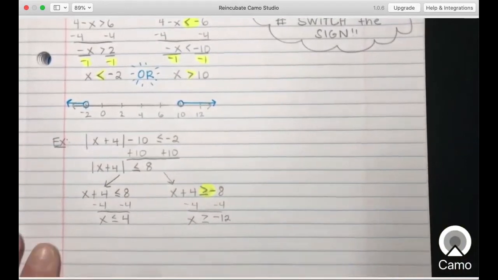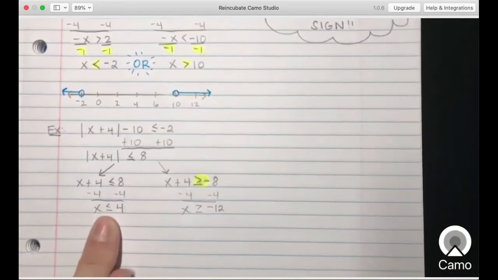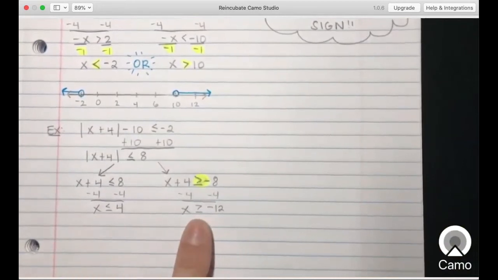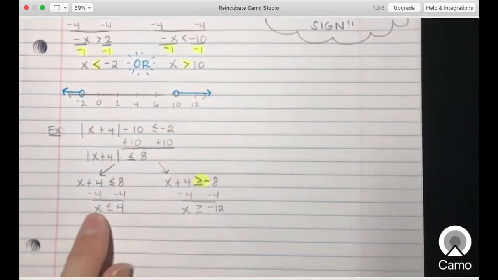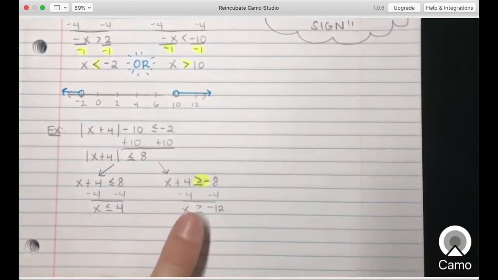So now let's think about this. We have a number that's less than 4 and a number that's greater than -12. If you think for a moment about what could be in that range, less than 4, that could be 0, that could be -1, that could be 2, but it has to be greater than -12 at the same time.